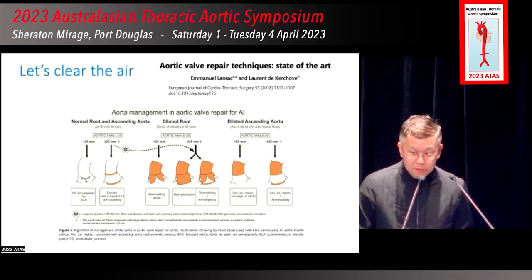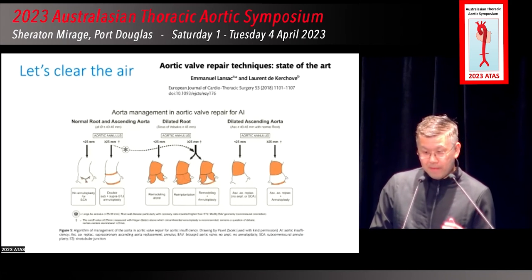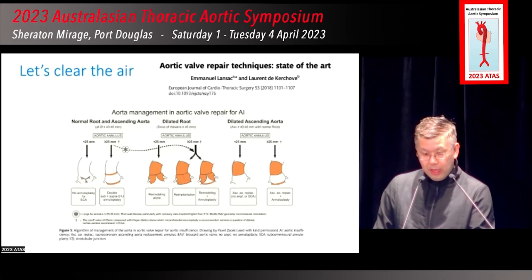So let's clear the air a little bit here. This is a paper by 2 of the leading experts in Europe, and they took the anatomy that the patient presented in the setting of AI and categorized what operations are important. Starting on the left, if you've got a normal annulus, then you can just do subcommissural annuloplasty.